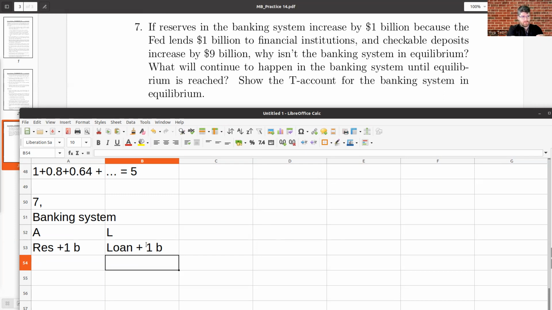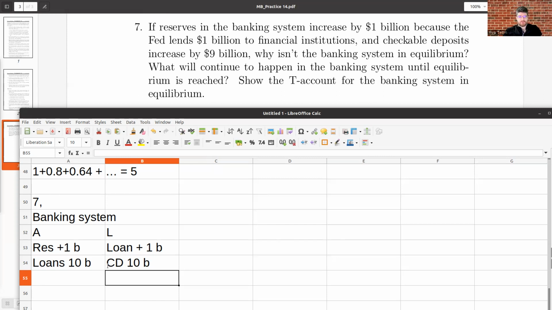If reserves increase by 1 billion, checkable deposits increase by 9 billion. So how much should checkable deposits be? If reserves here, the loans provided, there are 10 billion, checkable deposits should be 10 billion. So the banking system is still not in equilibrium because there continues to be excess reserves.